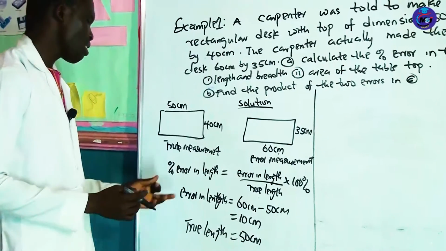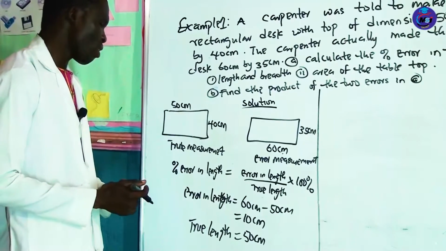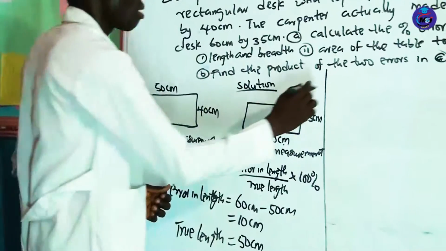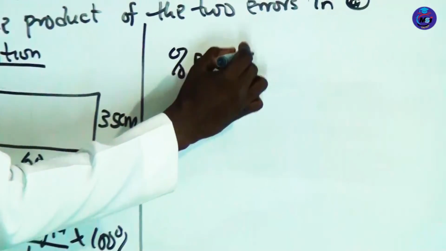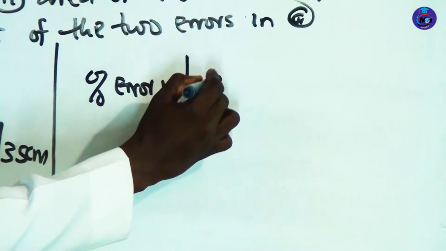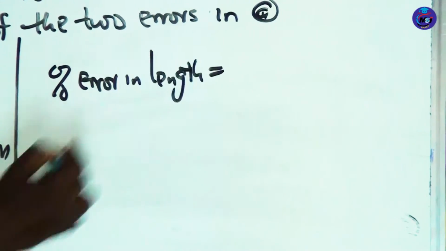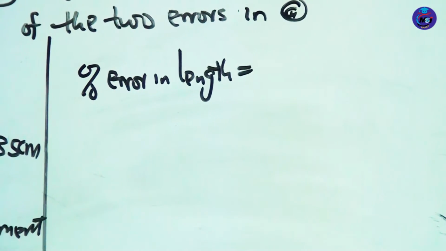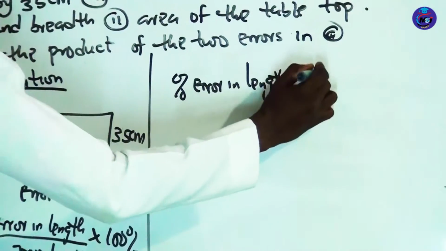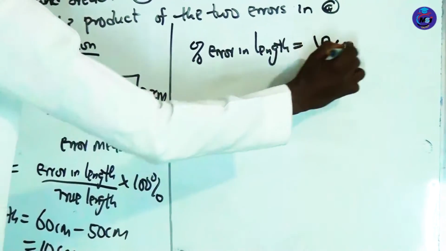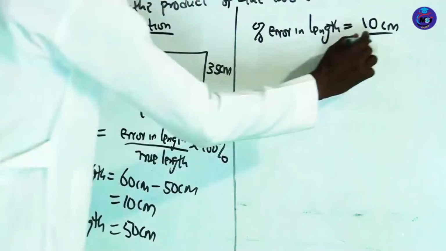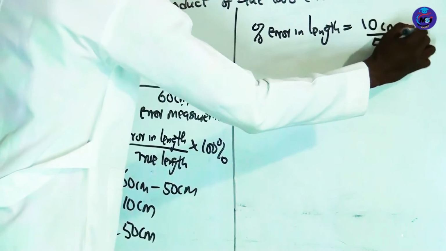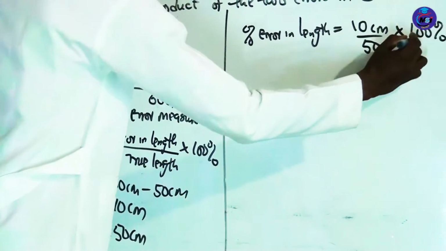Now let's find percentage error in length. Percentage error in length will give us error in length, which is 10 centimeter divided by true length, which is 50, multiplied by 100%.